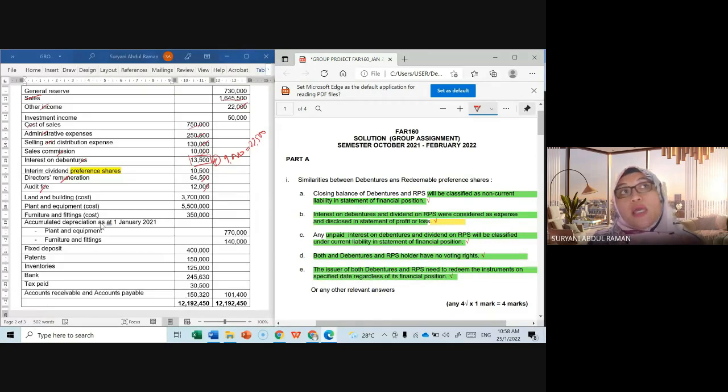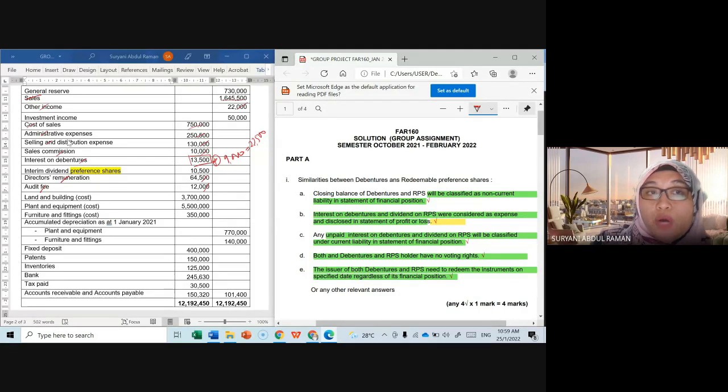Some of you mentioned debenture holder and the redeemable preference shareholder has the priority, ataupun has the right to claim over the business asset compared to ordinary shareholder. Yes, it's true. They have the priority. Mereka diberi keutamaan. Kerana apa? Kerana mereka adalah creditor. Kita mesti bayar dulu hutang-hutang kepada mereka baru kita boleh beri kepada pemegang saham yang lain. So ini menunjukkan, whether you like it or not, whether your business is doing good or not, you have to pay interest on debenture to the debenture holder and dividend to the RPS.